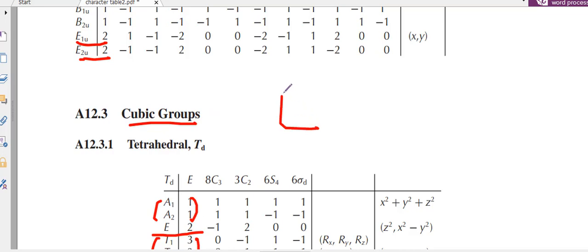When you have a cube like this, if you have atoms in the opposite corners of the cube and you connect them with the central atom, what you will get is a tetrahedron. And so the tetrahedron is known as a cubic group because it is based on opposite corners of a cube.